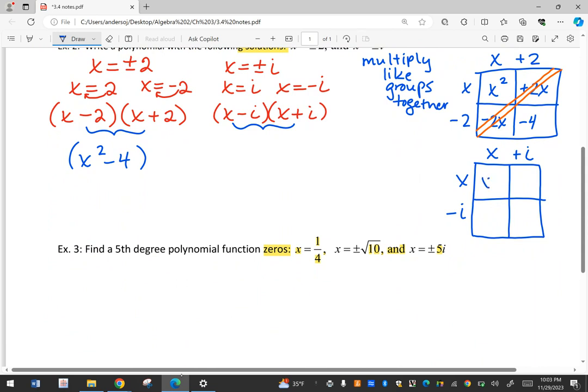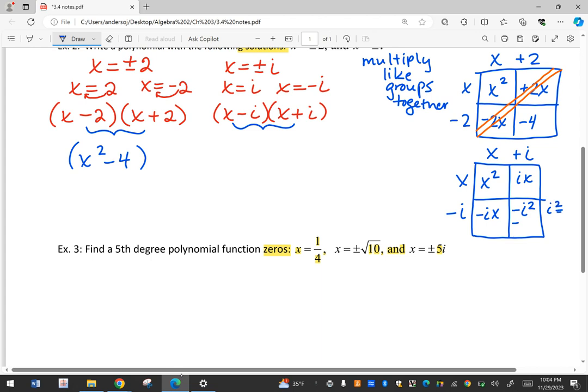When we multiply through, we have x times x, which is x squared. Here we have ix or xi, it doesn't matter how you write it. In this one, we'll have negative ix. And in this box, we're going to have negative i squared, which means I'm going to have a negative.